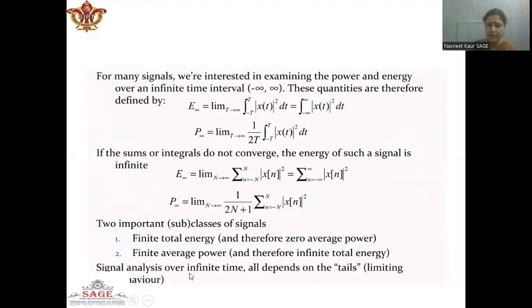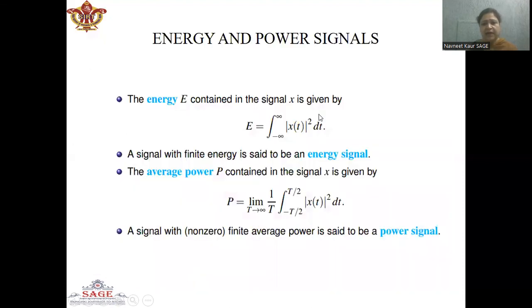Now, in the formula of average power, I have taken the integral over one time period, that is minus T by 2 to T by 2, and in the denominator I have taken only one time period value, which is T.